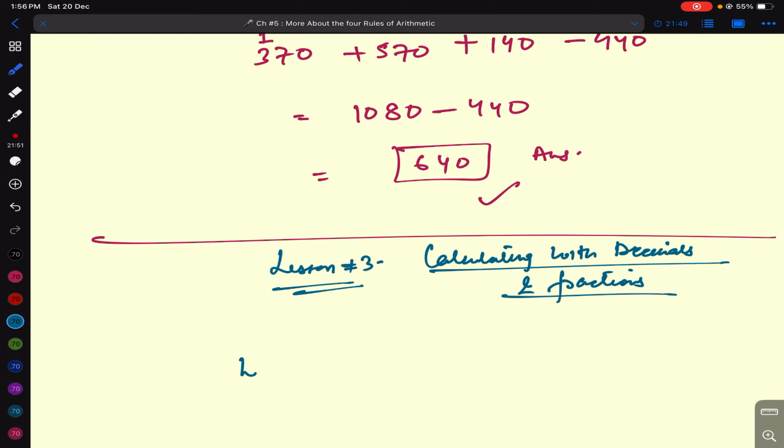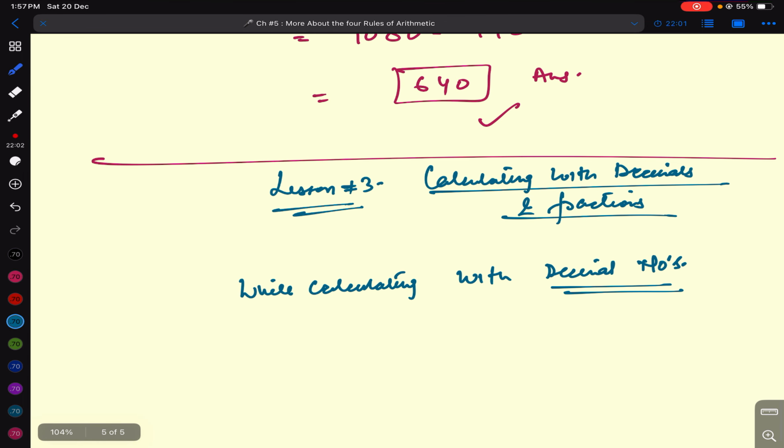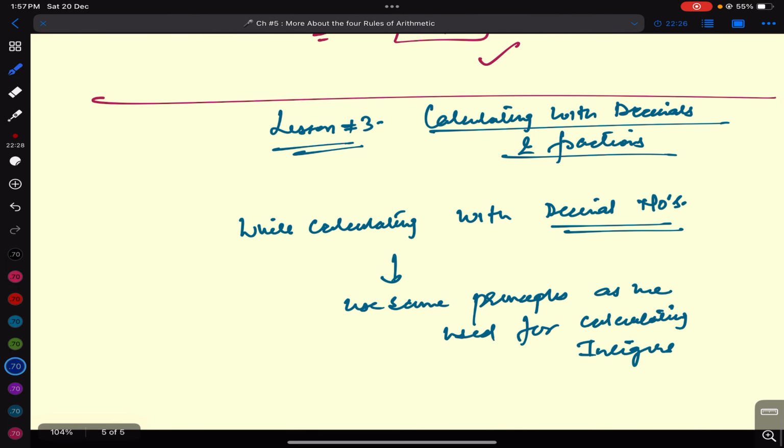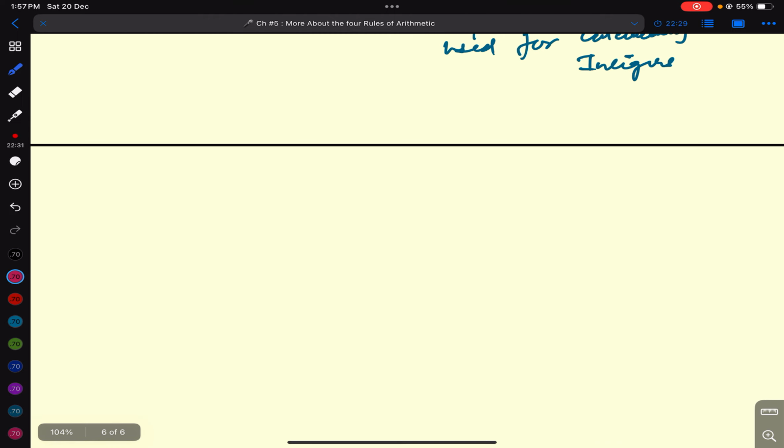While calculating with decimal numbers, we are going to use the same principles as we used while calculating with integers. Let me give you an example.